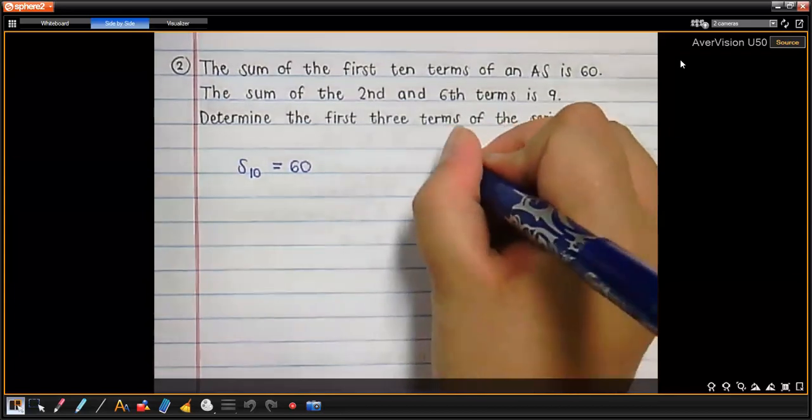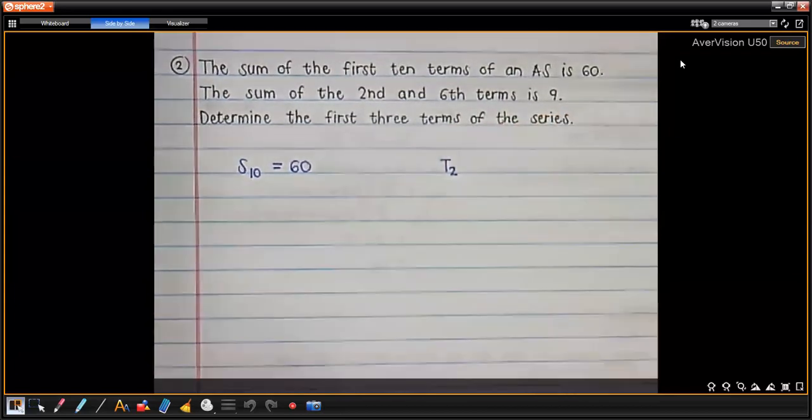So they're just saying the sum of the second and sixth terms is 9. We're going to have to write it like this. Second term is term 2, and then how do you get the sum? You write that out for me.